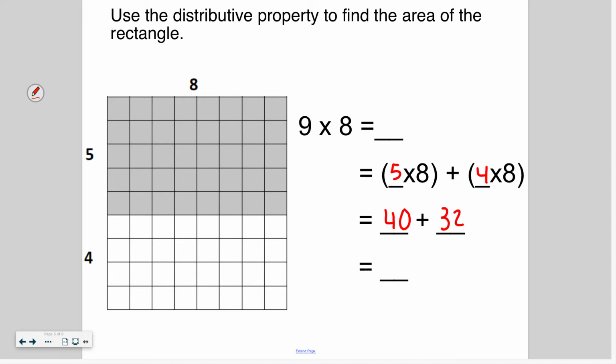So now I can add these two partial products to find the total. 40 plus 32 is 72. So the area of this rectangle is 72 square units.